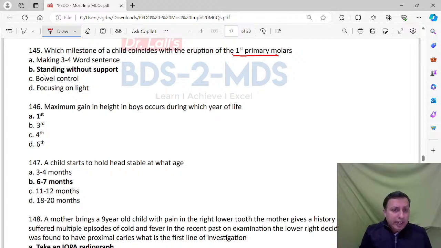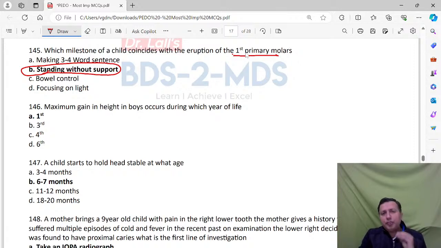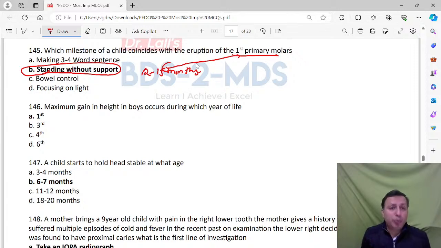Now standing without support is the correct answer. Why? Because we know that the first primary molar generally erupts by the age of 15 months. Okay, by the age of 15 months. And by 12 to 15 months only, we generally see that the child stands without support.